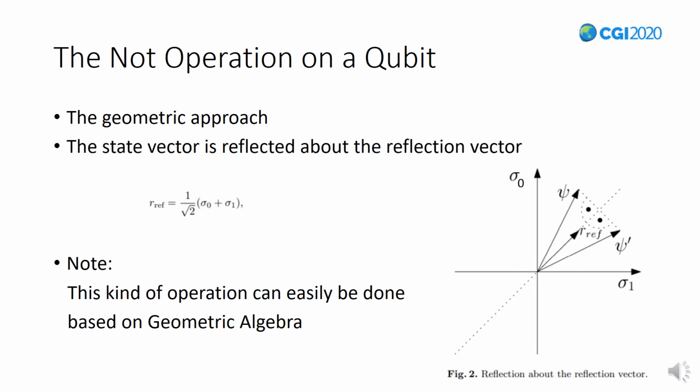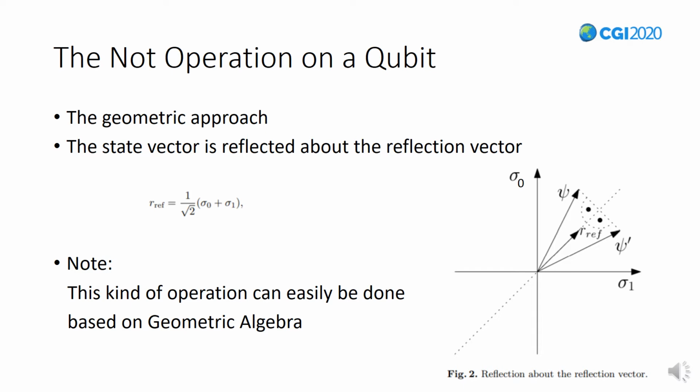This can be seen in more detail in the figure on this slide. In this figure, we see sigma 0 and sigma 1 as coordinate axes describing the basic states 0 and 1. And the application of the NOT operation on one state vector geometrically means the reflection at the bisector between these two coordinate axes, which can be described with the formula of RF as shown on this slide.